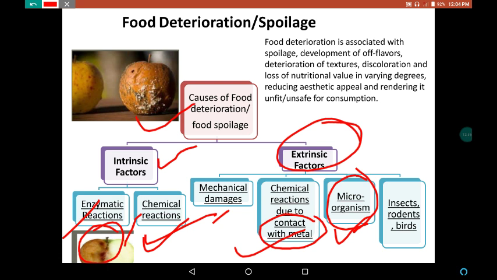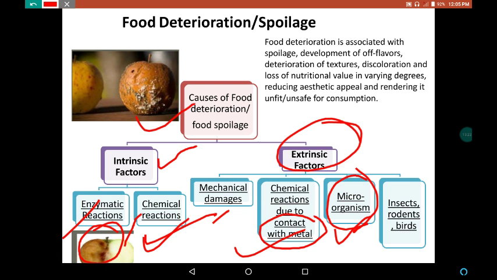The next cause of food spoilage is insects, rodents and birds. Foods are mechanically damaged by insects, rodents, birds, etc. How? Holes on the surface of tomato, cucumber, brinjal indicate that they are harboring larvae of insects.